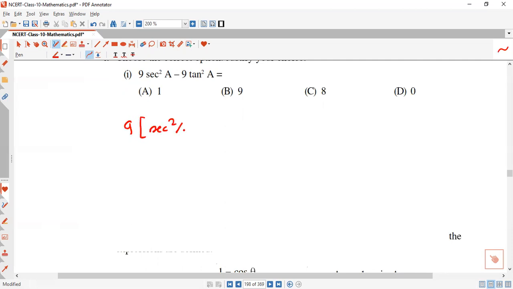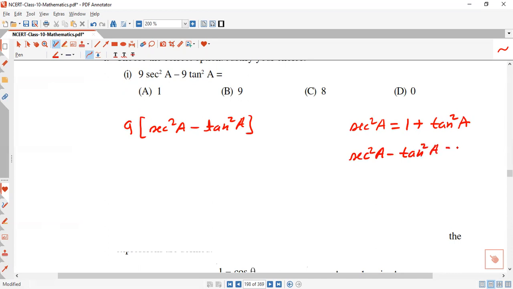Sec square A minus tan square A. Since you know that sec square A equals 1 plus tan square A, sec square A minus tan square A equals 1. So this value is 1. 9 into 1 comes out 9. B is the correct answer.